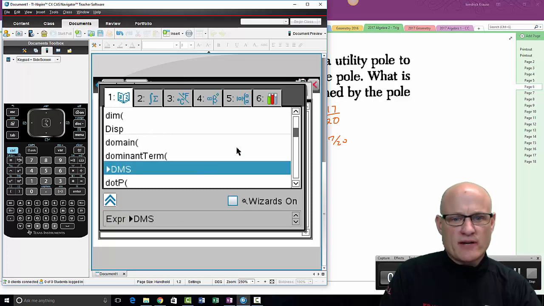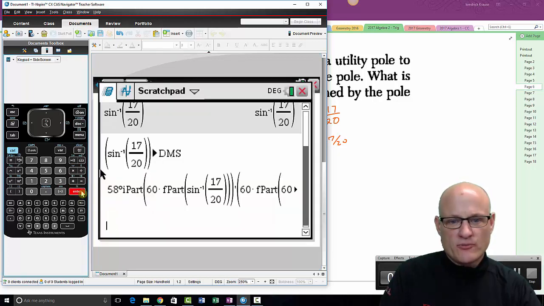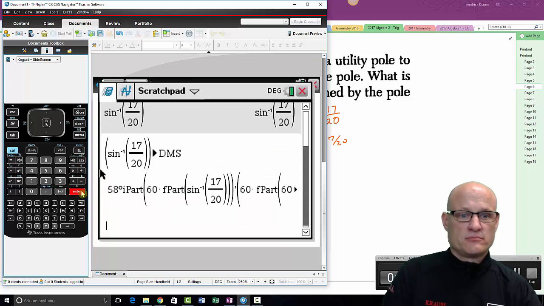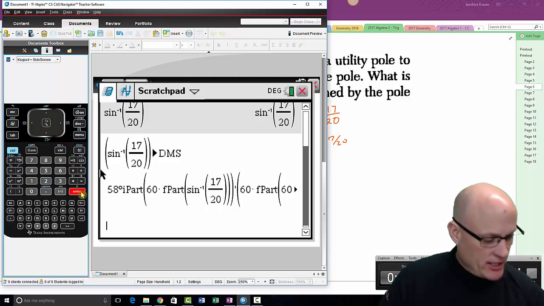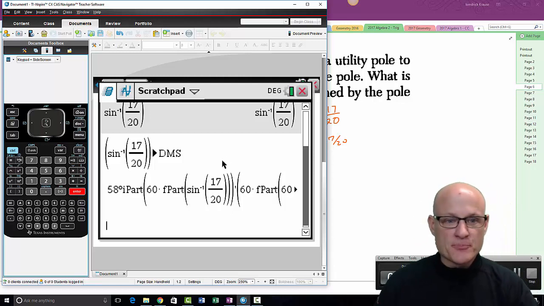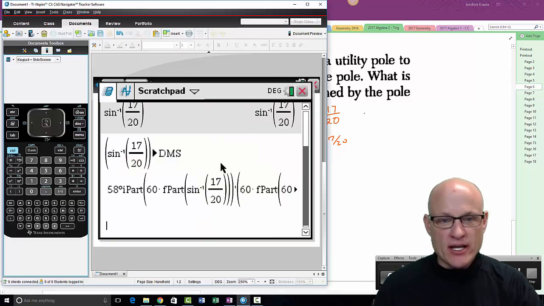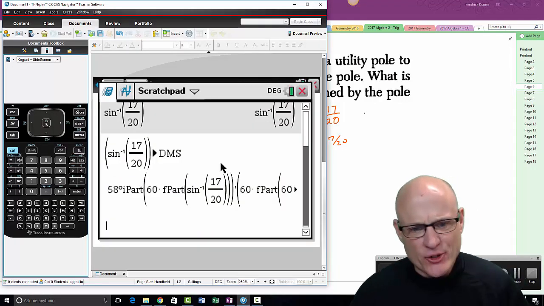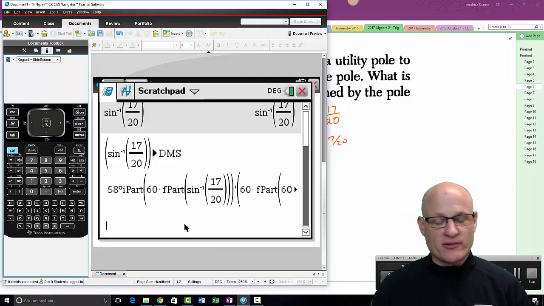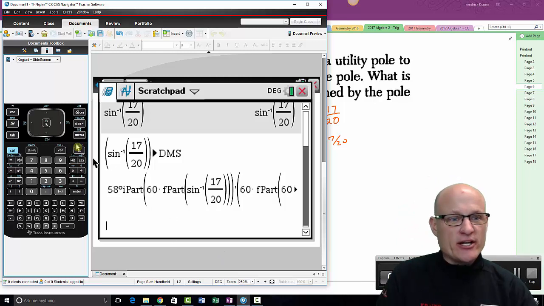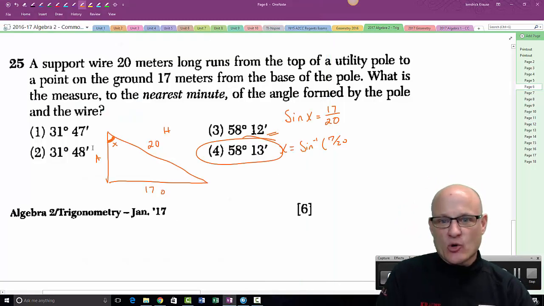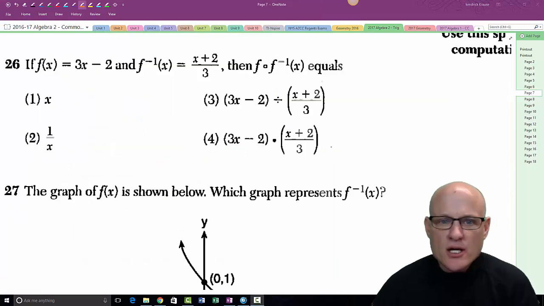This is a weird calculator, I apologize. I don't know why it's not doing that. Anyway, the answer is 58°13'. You would have gotten 58.12 and then a number that rounds to 13, and the answer is 58. This is a strange calculator, I got it kind of new. So let's ignore that. All right, I'll be right back.